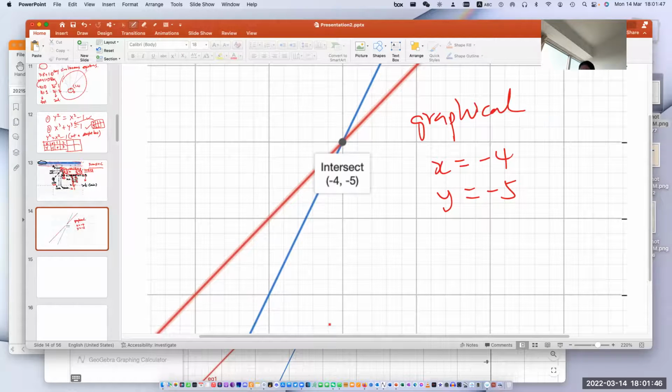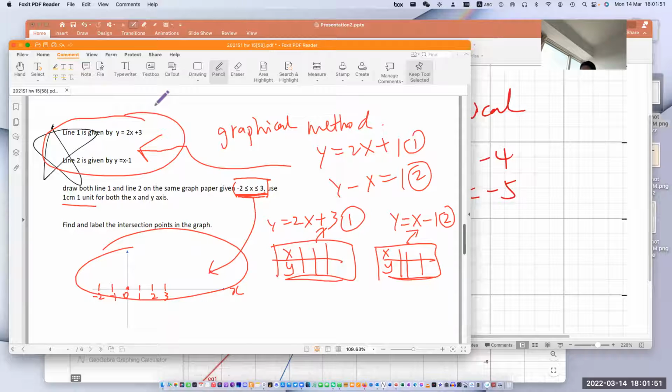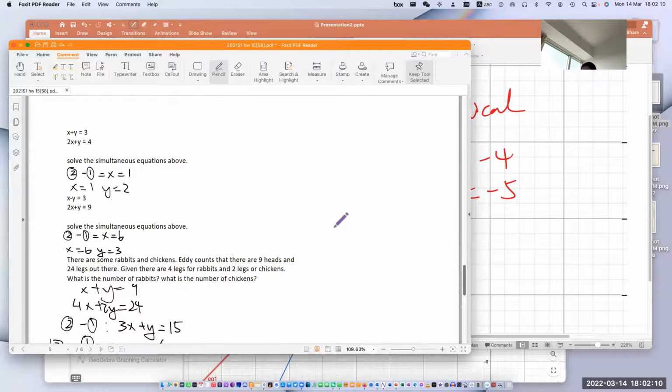Okay. So you can actually use a calculator or manual to verify. Okay. To verify. All right. Okay, good. Yeah, same thing. You see, solve.